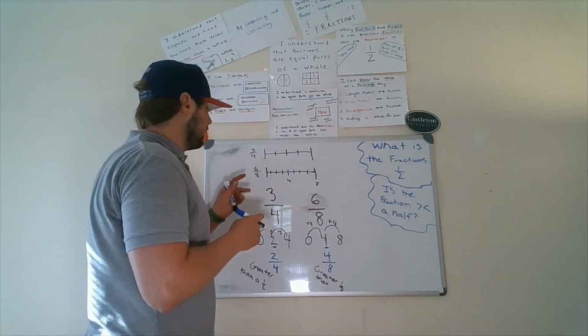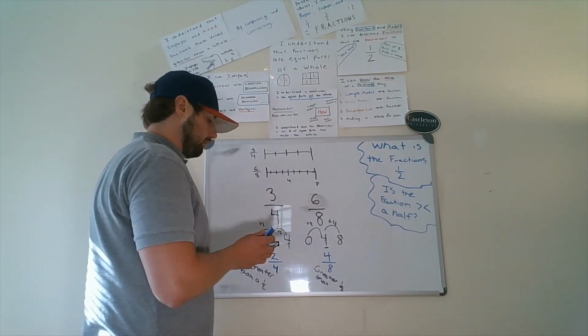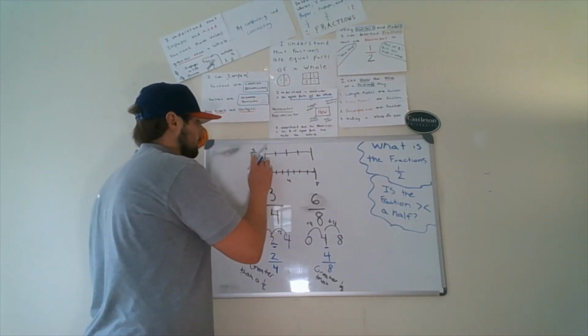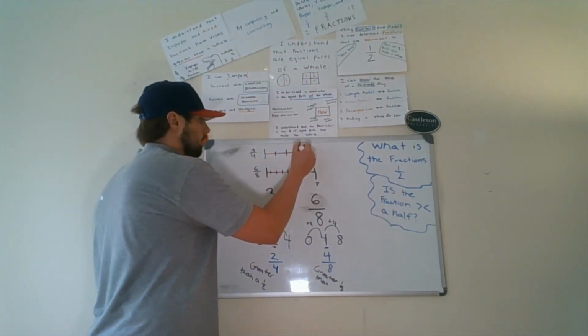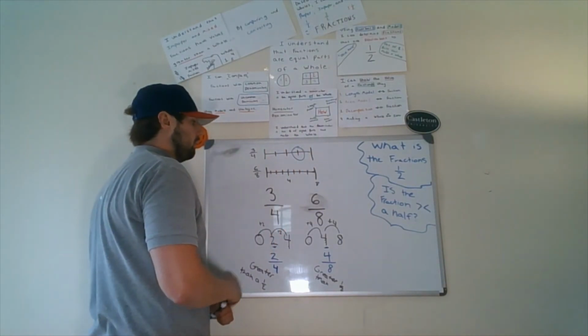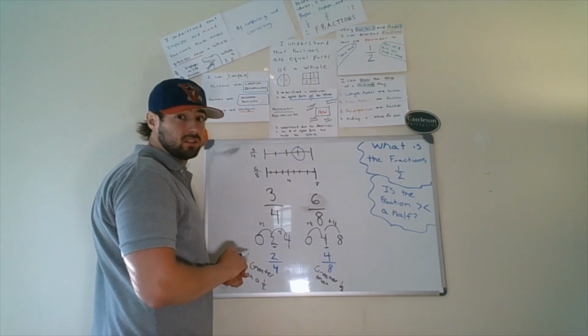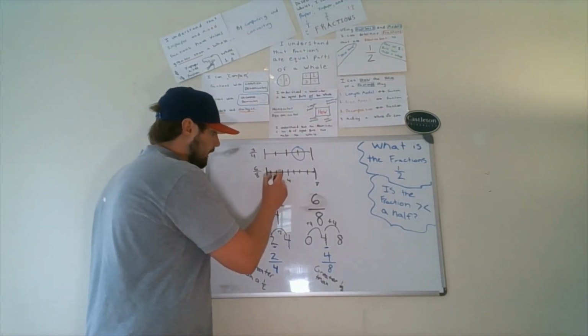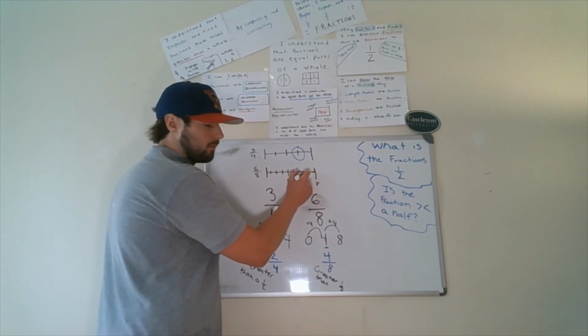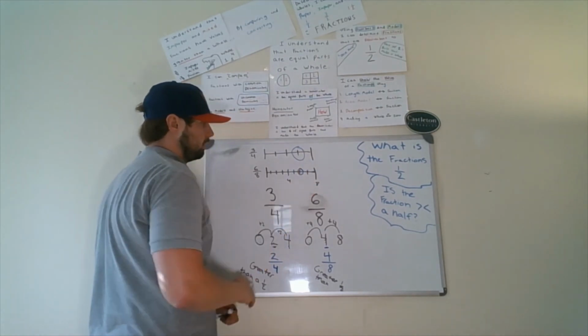Let's compare. Let's plot these fractions. 3/4. I know there's 3 parts. 1, 2, 3. 3/4 right here. 6/8. I know there's 6 parts. 1, 2, 3, 4, 5, plot this 6th.